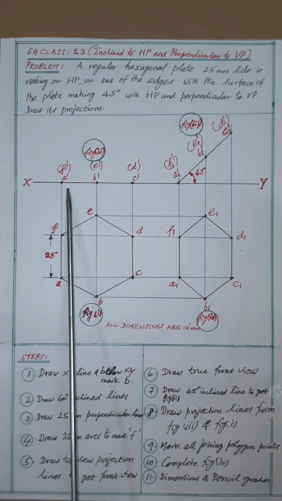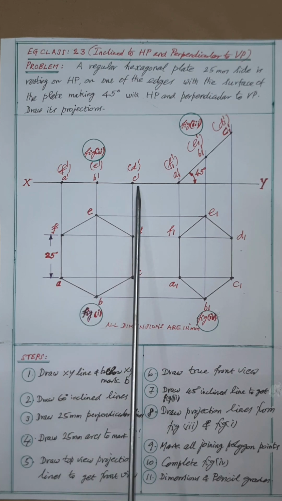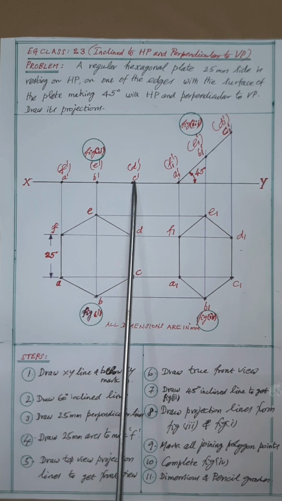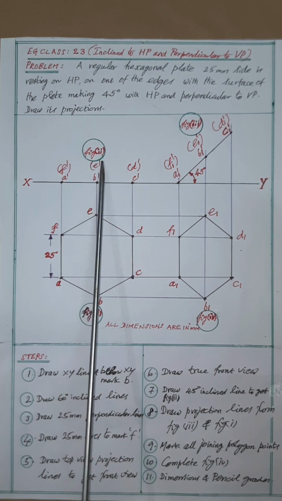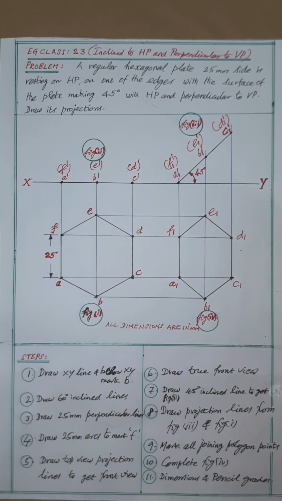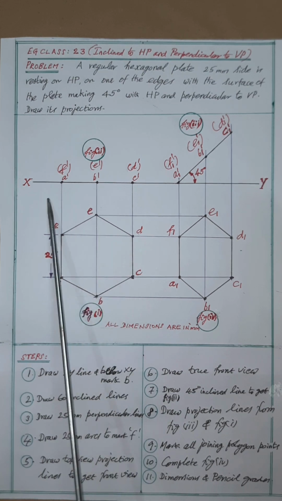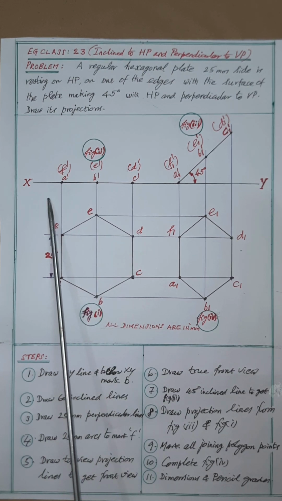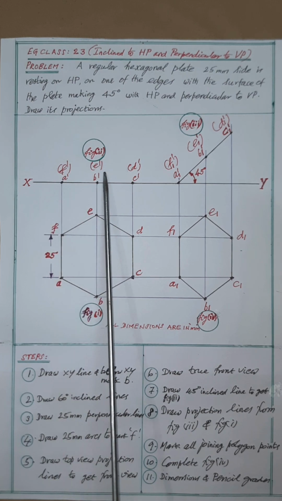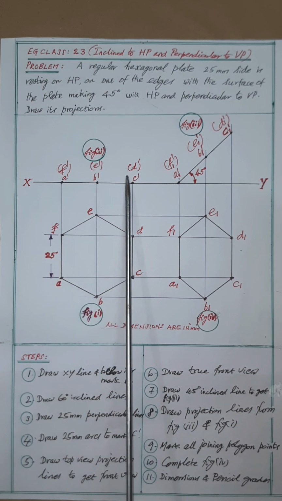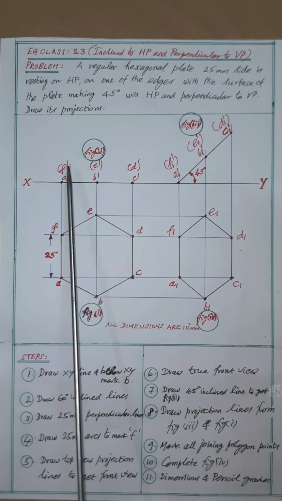Since this is the required true front view on the vertical plane, it is marked as figure 2. Now mark the figure 1 points in figure 2 respectively as shown and as explained in the previous video class. The hidden points are to be marked with dashes as shown in brackets.